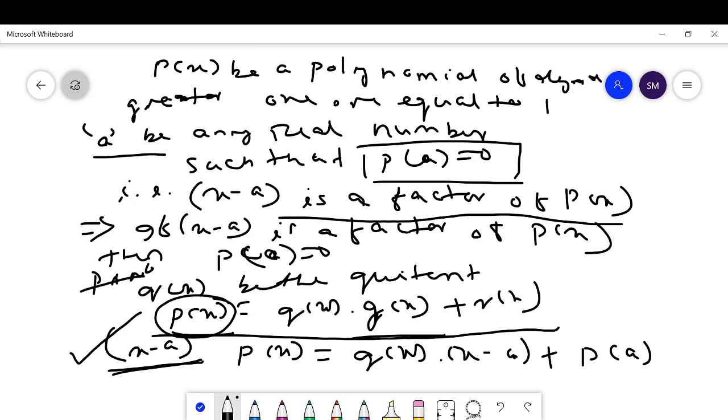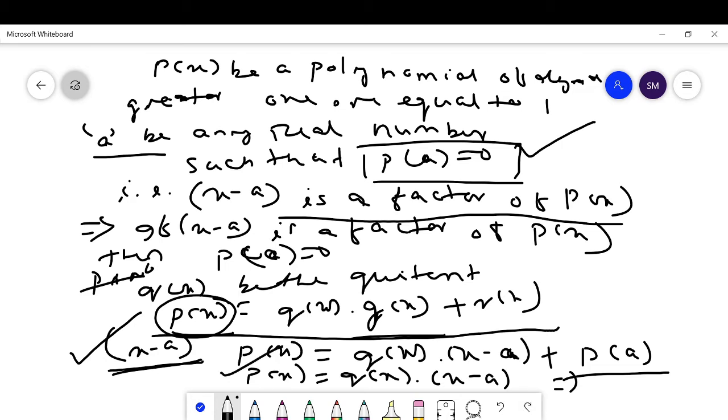But the theorem says it is given that P(a) is equal to 0. As P(a) is equal to 0, P(x) is equal to Q(x) into x minus a, which shows that x minus a is a factor of P(x).